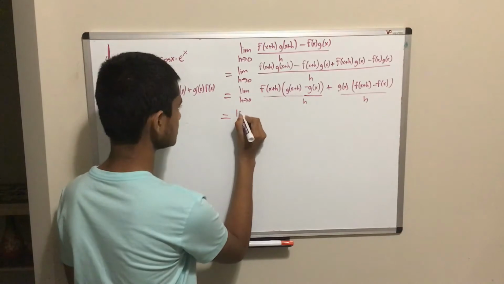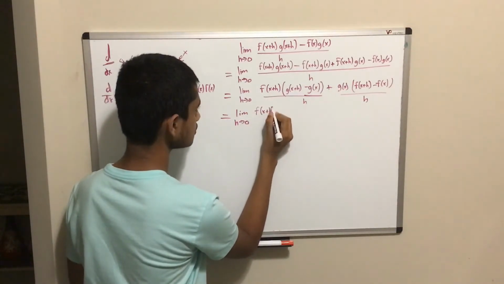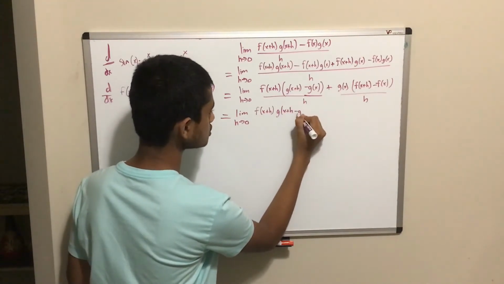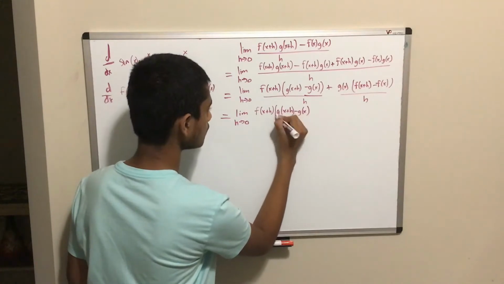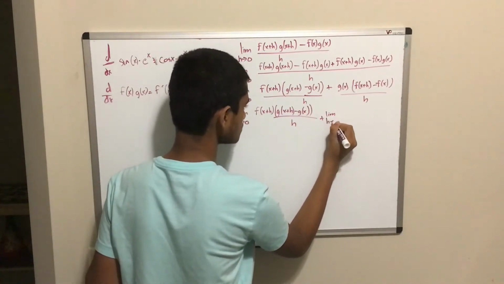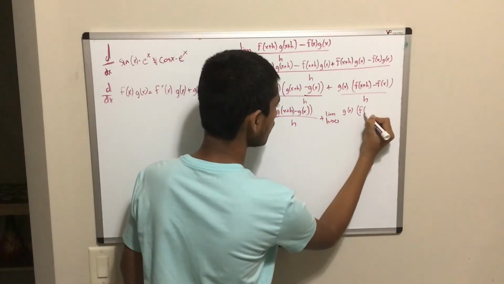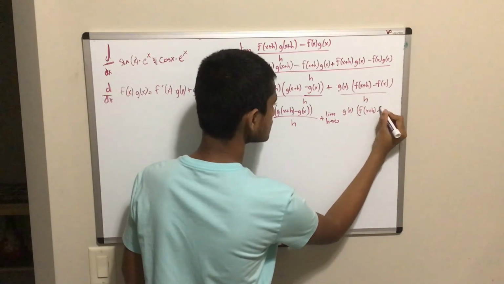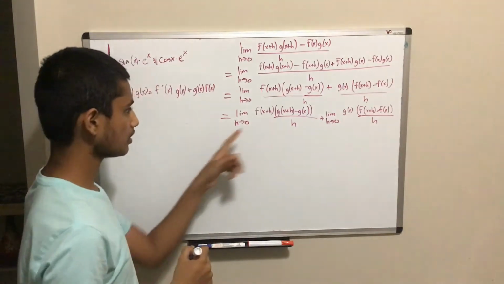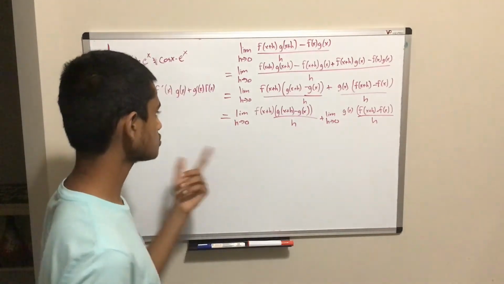So I can rewrite this as a limit as h approaches 0 of f of x plus h times g of x plus h minus g of x all over h, plus the limit as h approaches 0 of g of x times f of x plus h minus f of x divided by h. And since these two are being multiplied together, we can use limit rules once again and split these two limits apart.